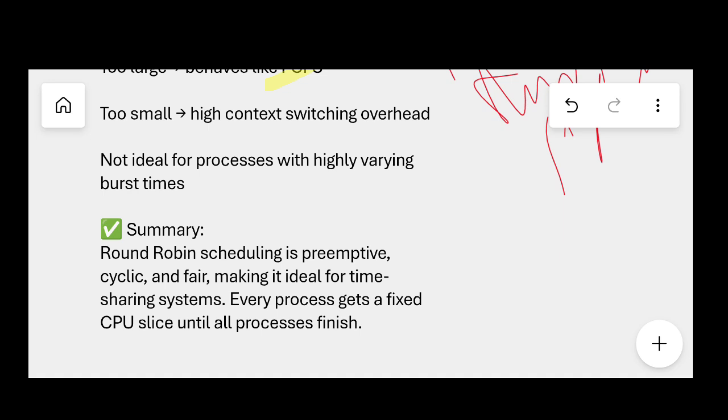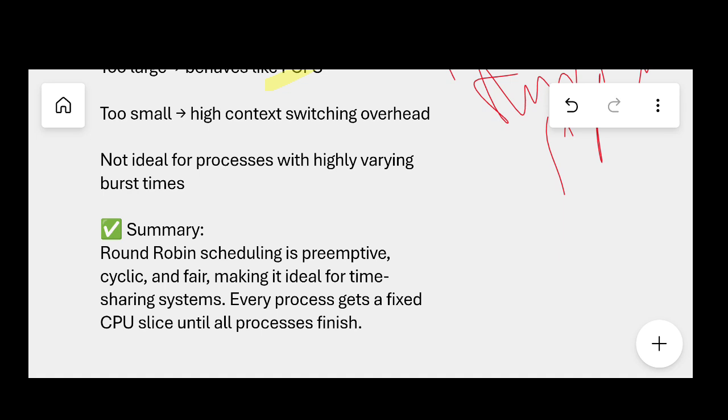The key points are: time quantum, preemption, ready queue, fairness. First, time quantum: each process gets a fixed amount of CPU time. Then preemption: a process can be interrupted after using its time quantum.